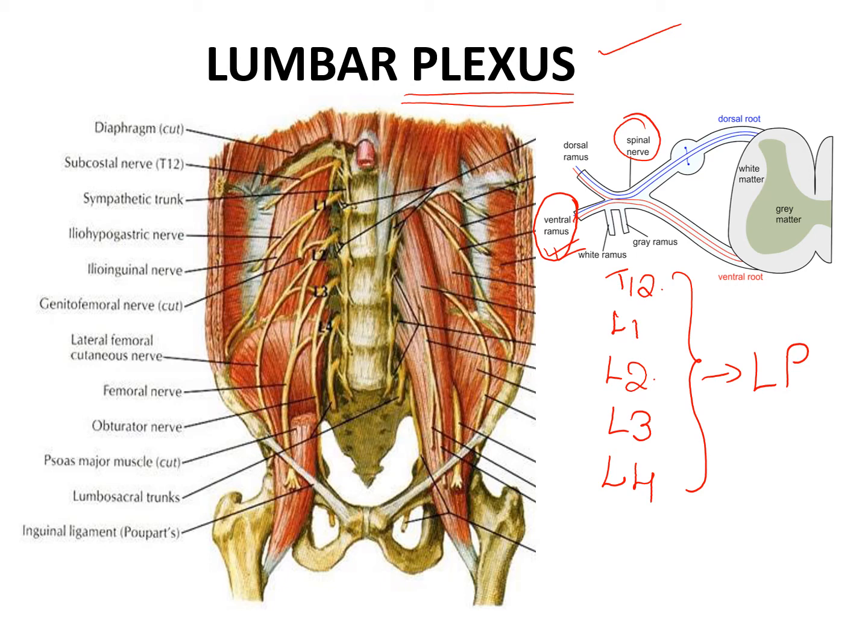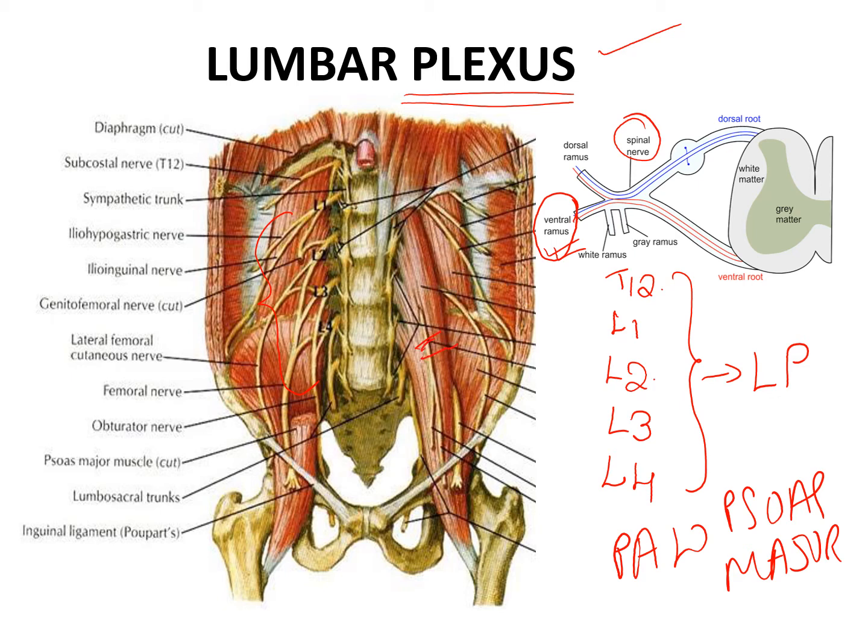As you can see here, this is the lumbar plexus. And this lumbar plexus is situated in the posterior abdominal wall within the substance of a muscle called psoas major. So, if you dissect the psoas major, you can see this lumbar plexus.